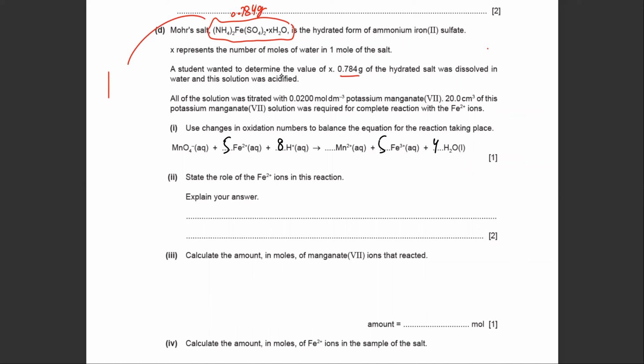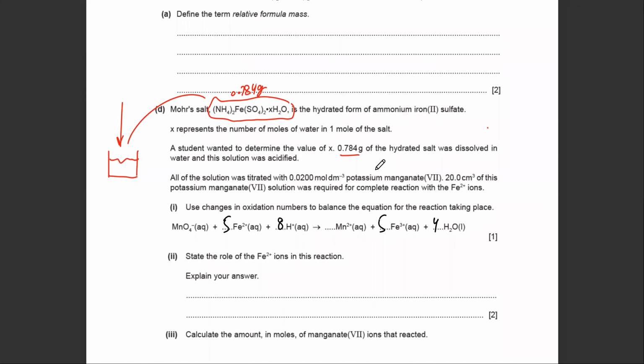So let's say a beaker, and he dissolves it in water and makes it into a solution. And the whole solution is being titrated with what? He's adding from the top potassium manganate, which is MnO4 -1. So he's adding KMnO4 or MnO4 -1, and the volume and concentration is given.